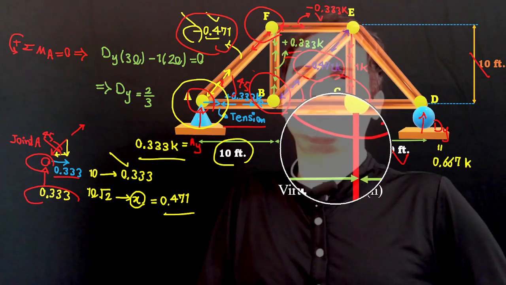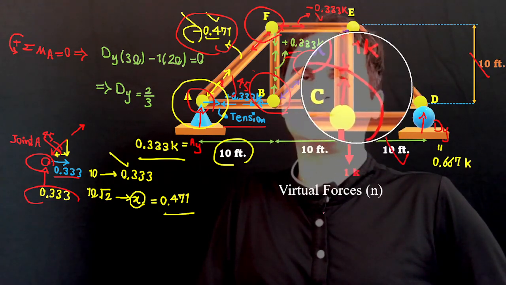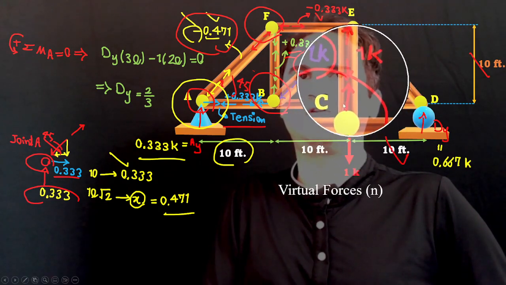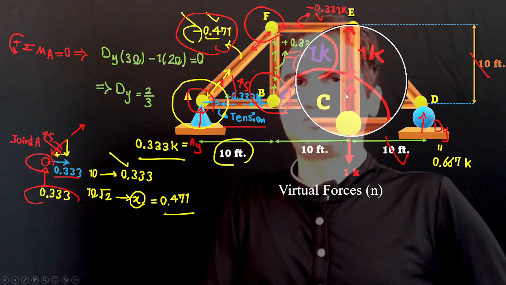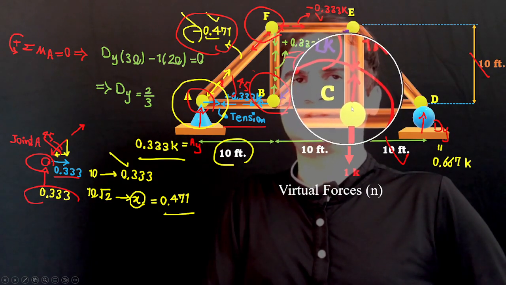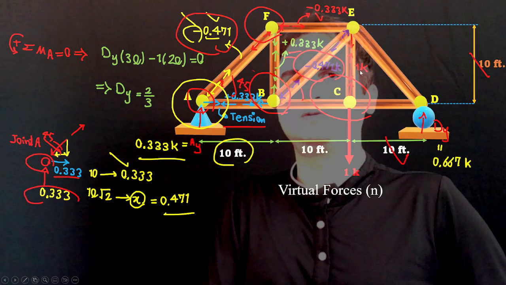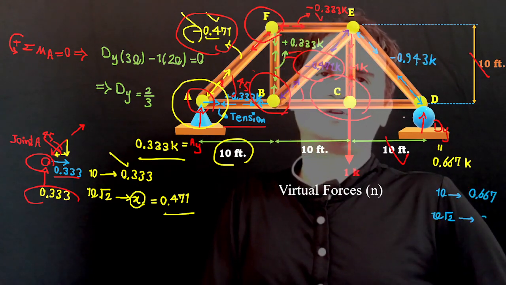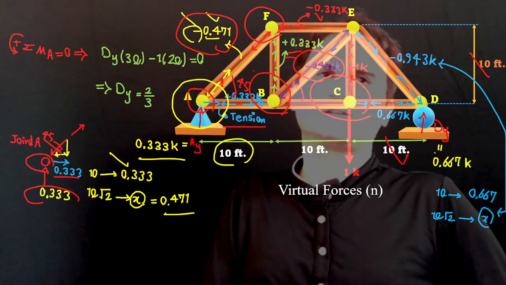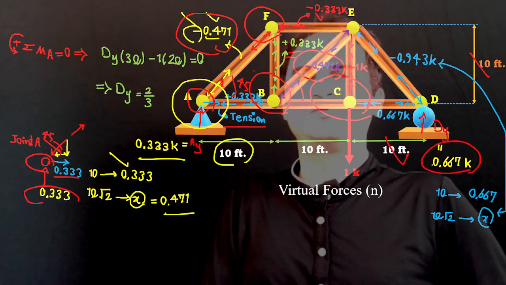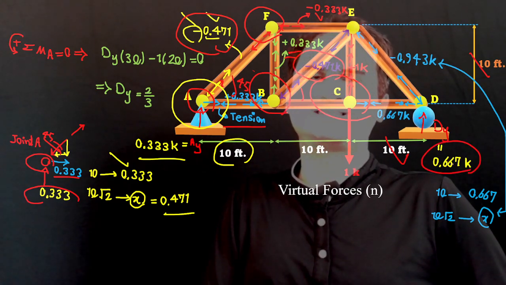At point C, there is a 1K downward, so that should be cancelled out by an upward pull on the joint. If it's pulling the joint, it should pull the structure, so that's a positive 1K. For the other part, this is 2/3 of 1, that's 0.66 almost.